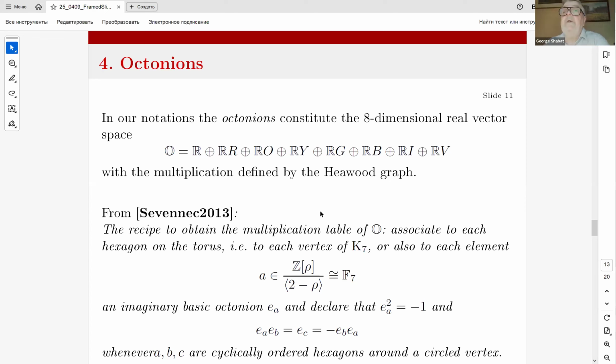So the recipe is formulated here on half of the slide.